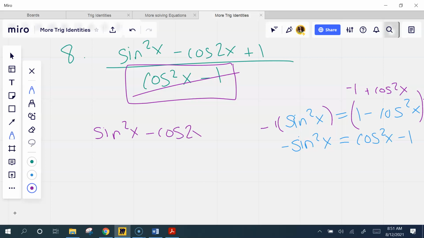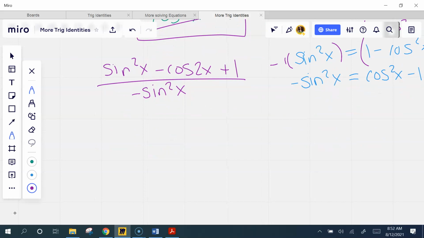The reason this is helpful is I see this sine squared on top, but I can't cancel it because I'd kill a kitten, right? What if I write it in separate fractions? Could I say sine squared x over negative sine squared x?